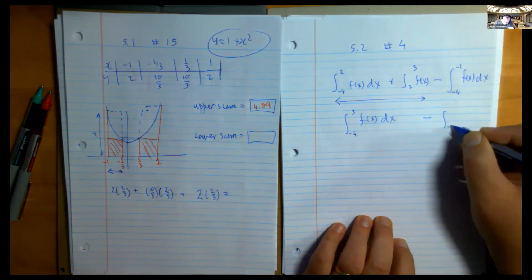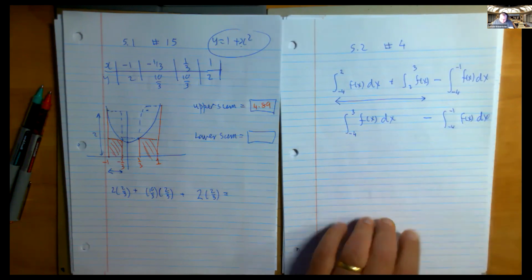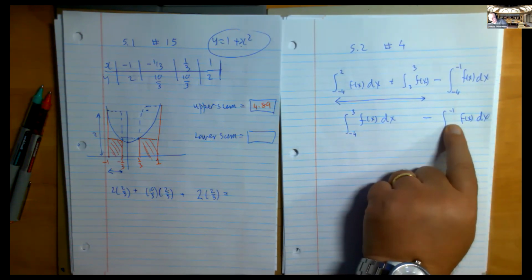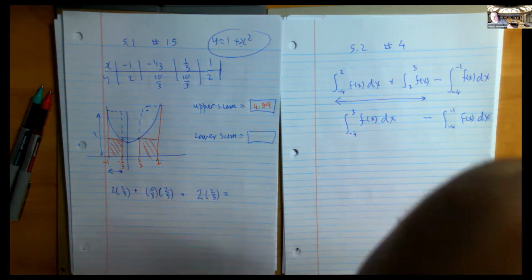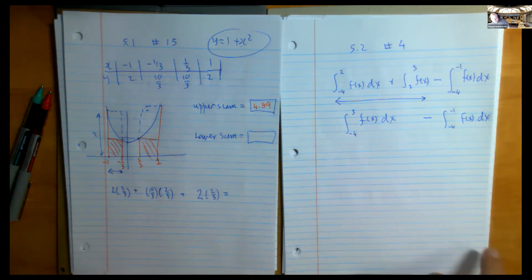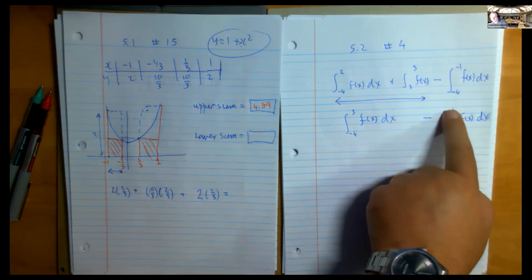And then we're going to have to figure out what on earth the negative in this bit means. Well, if adding means you combine them together, isn't negative like you're cutting a bit off? Yes. And what bit are we cutting off? We're cutting off the bit from -4 to -1.